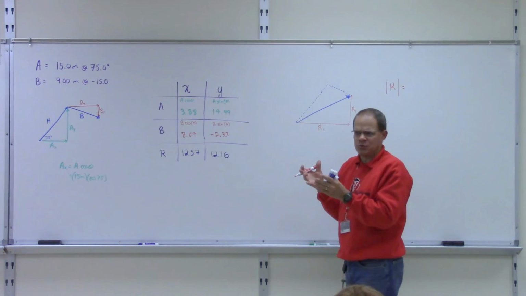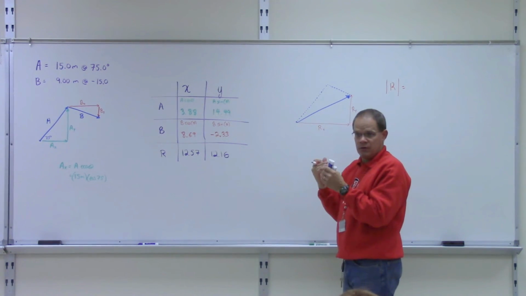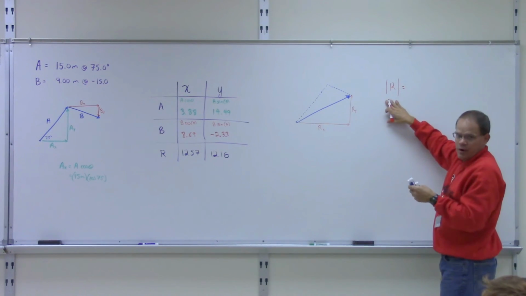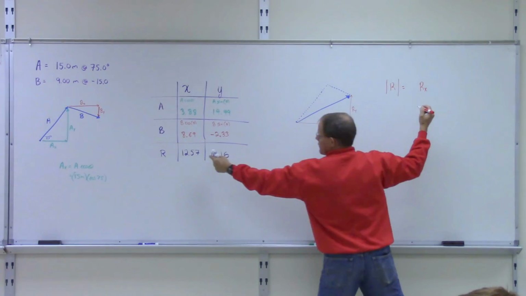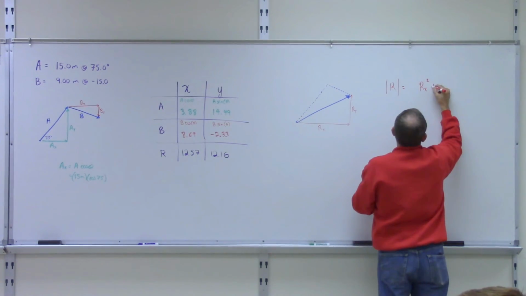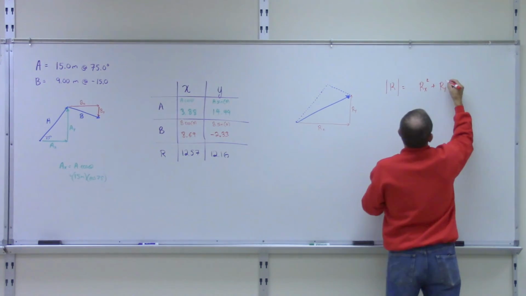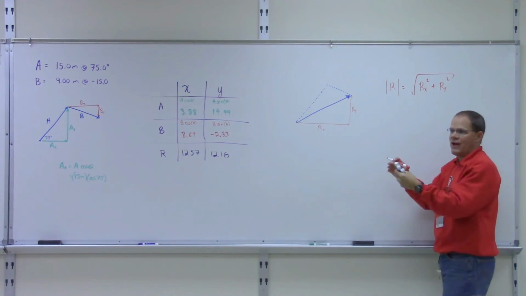Isn't that what absolute value is? It's how far you are from zero, not worrying about which way you are. Yeah. So those symbols in general in mathematics mean the size of a quantity. That's going to be the x component, this thing, squared, plus the y component, how far you went in this direction, squared, and then take the square root. That tells you how long the vector is.